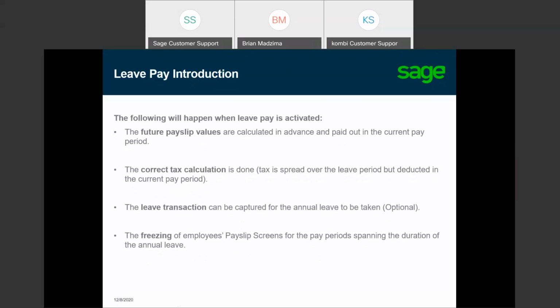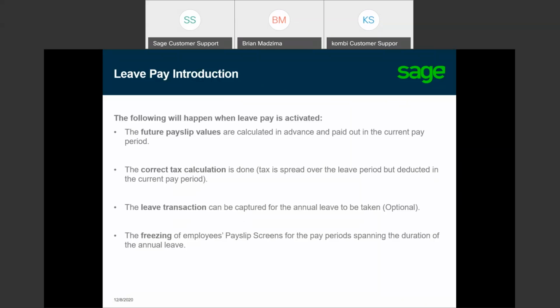So let's just have a look at what happens when Leave Pay is activated. So firstly, the future payslip values are calculated in advance and paid out in the current pay period that you activate the Leave Pay in. The correct tax calculation is also done and applied by the system.